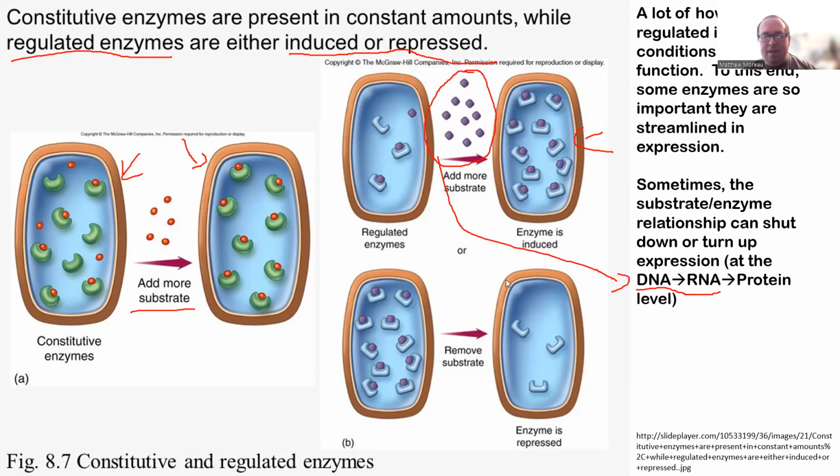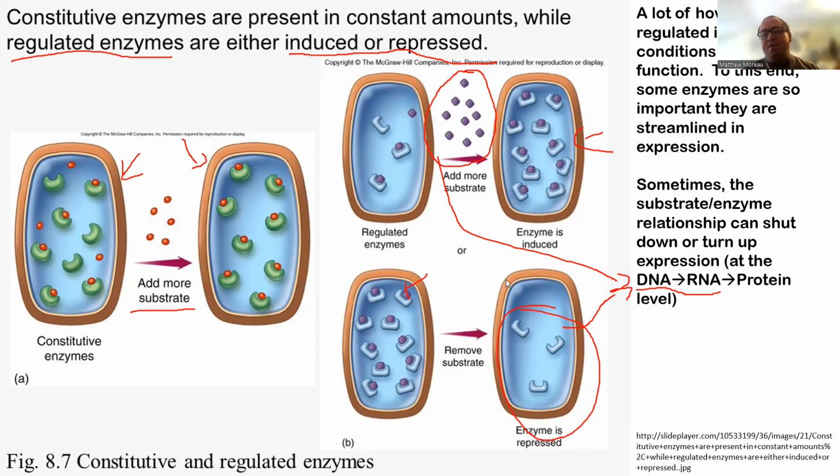And as the enzyme performs its function and the amount of substrate is reduced, the cell then tells the DNA to make less RNA, make less protein, and you're left with less enzyme at the ready, because you're not going to spend energy on enzyme that you don't need.